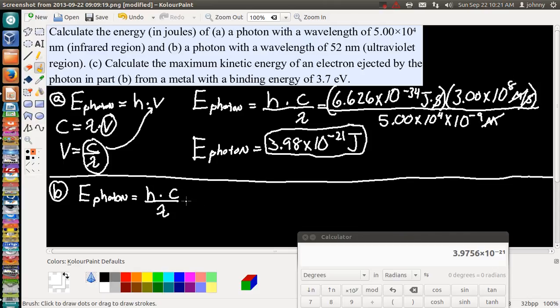So we'll punch in 6.626 times 10 to the -34 joules times seconds, because that's the units of Planck's constant. Make sure you have that memorized, or it's written down somewhere in your notes to use in class, times the speed of light, which is 3.00 times 10 to the 8th meters per second.